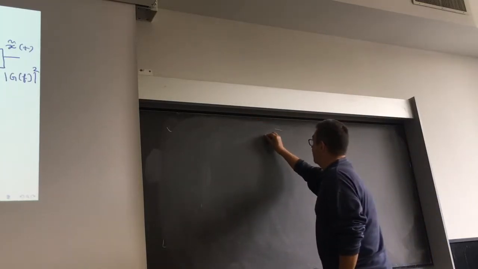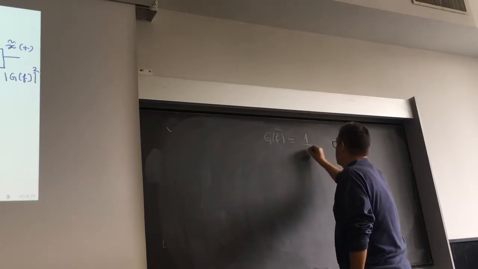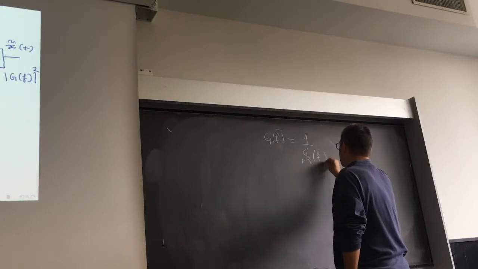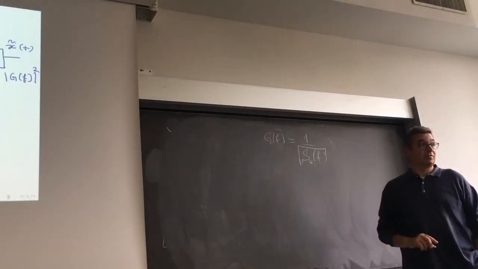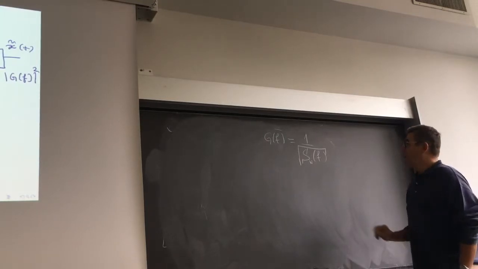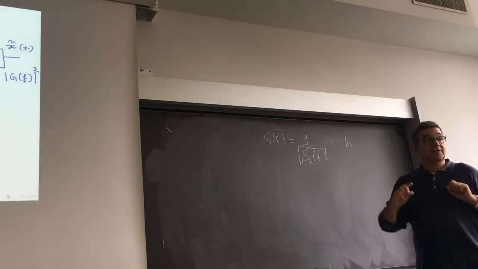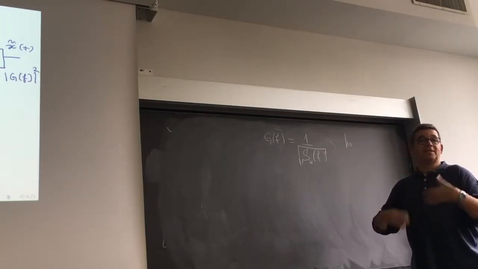Now, let me look at that. That one says GF is equal to 1 over square root of WF. Square root. Now, assume that everything is discrete time, because I can rewrite everything as discrete time.